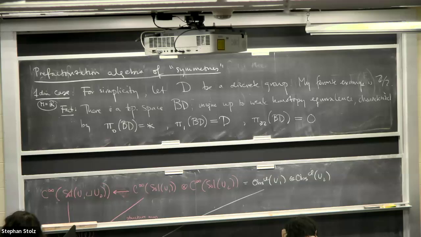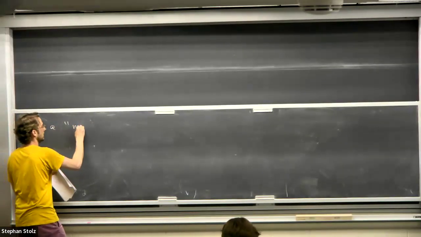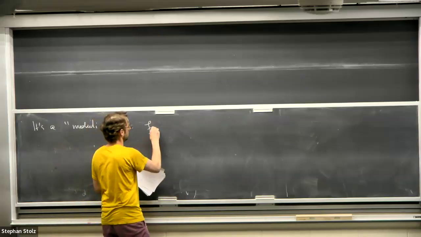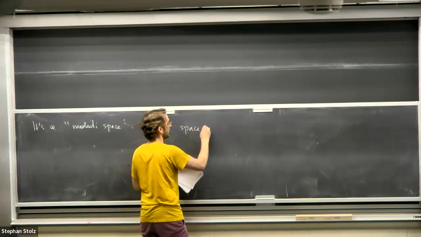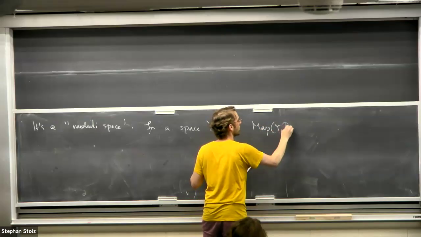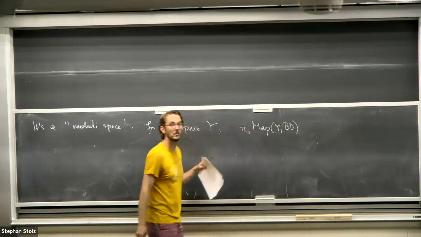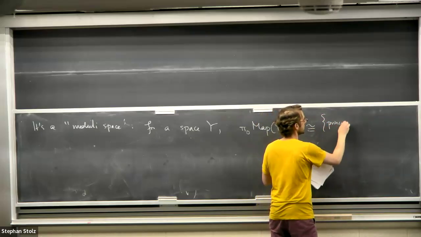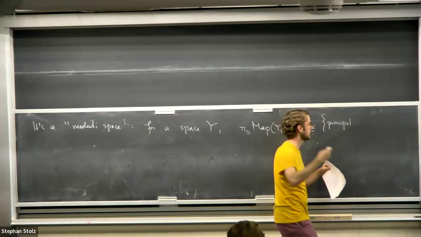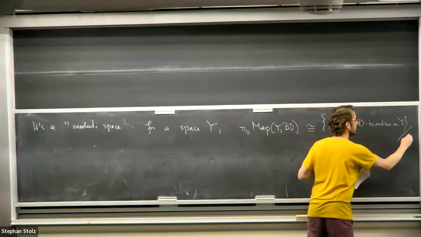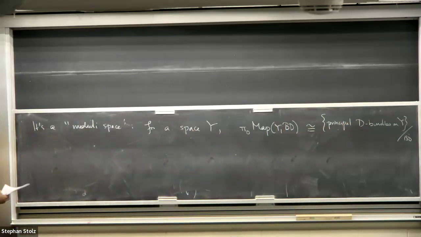For a compact space Y, if I think about the continuous maps from Y into BD, and then look at its connected components, this is isomorphic to the principal D bundles, or if you want covering spaces, D bundles on Y, modulo isomorphism. So it's a space classifying D bundles.